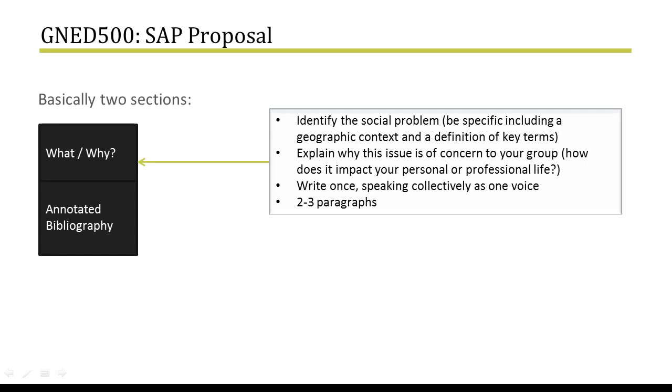For many of your proposals or social problems, there are going to be some key terms. Even at this very introductory stage, it's important that you be able to define the key aspects. For example, if I was doing a project on homelessness, believe it or not, there are actual definitions of what we mean by homelessness.